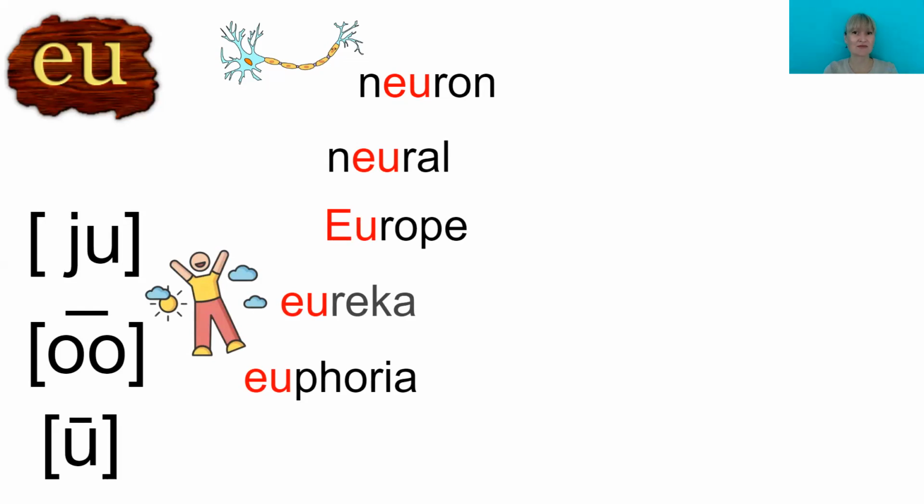Это слова все заимствованы из греческого, поэтому их не так много в английском языке, но они встречаются, и все они, в принципе, русскоговорящим студентам знакомы. Да? Нейрон, Европа, neural – это принадлежащий нервной системе, Eureka, euphoria. So all of these words are familiar and easy to remember, but just keep in mind that sometimes this is not a digraph EU, just two letters that belong to different syllables.